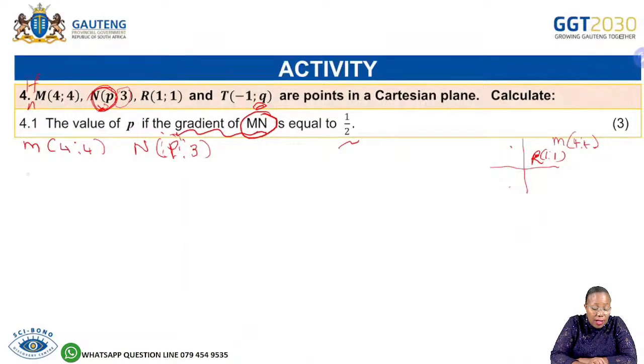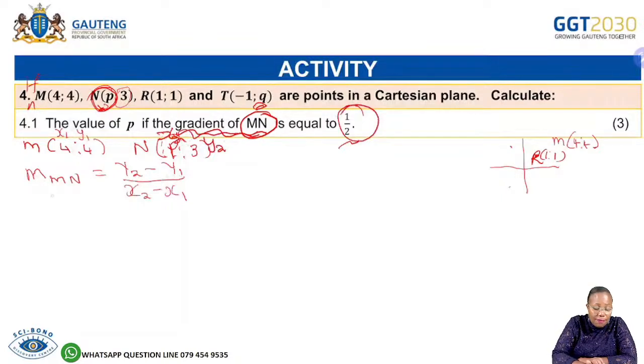So now the gradient of MN, m of MN, it's y2 minus y1 over x2 minus x1. Why? Because we are given that gradient. So this will be x1, y1, same method, grade 12, x2, y2. So now the m of MN is given, that is equal to half.